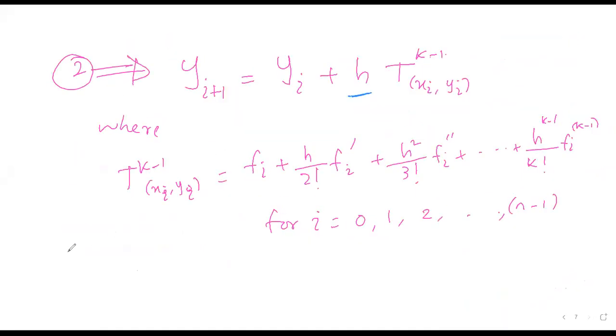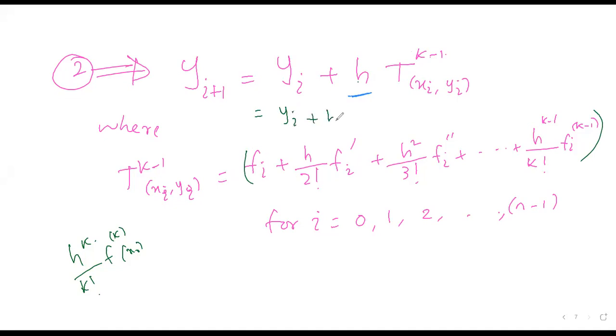Actually our last term will be h to the power k over k factorial times f to the power k minus 1 at x naught. So here they have taken an extra h, so it is like we are multiplying by h.